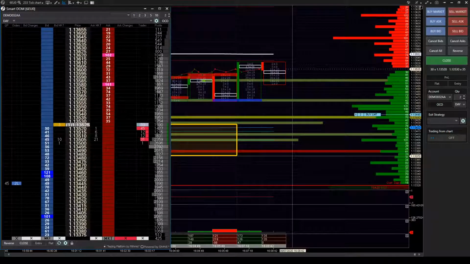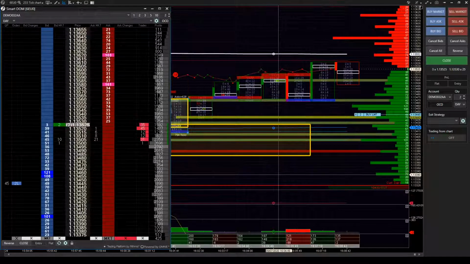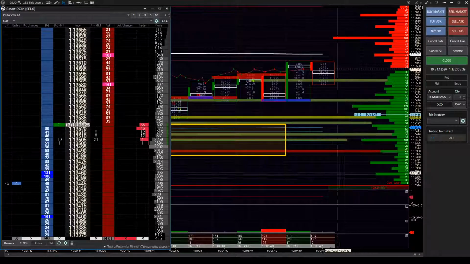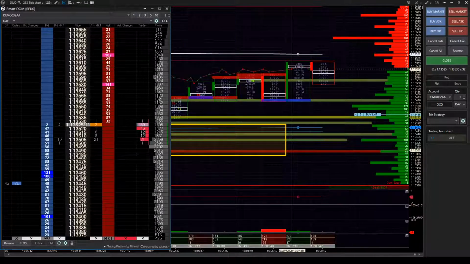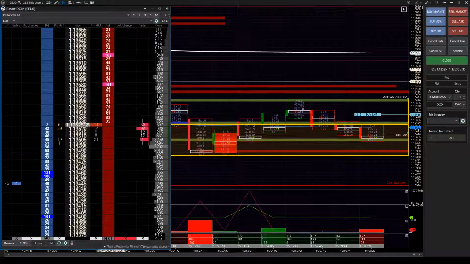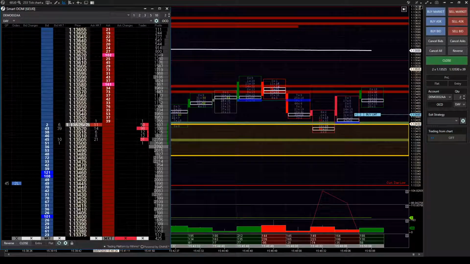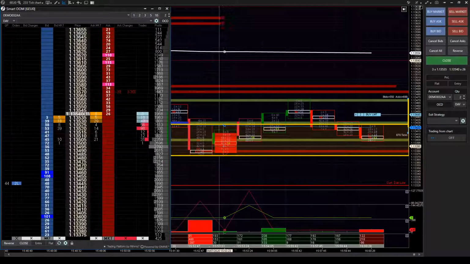All right, so we're looking at the order flow, and we just entered an order here, a buy limit order, expecting the price to fall down into this volume area. We saw how sellers were very aggressive here, but they didn't move the market lower.